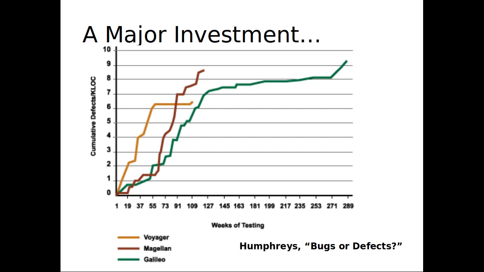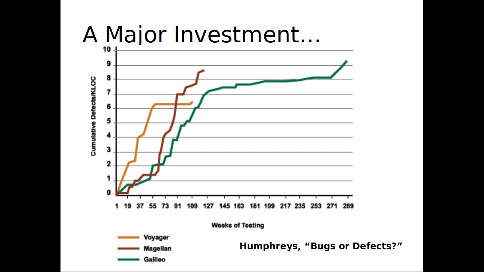And this is cumulative number of defects found per 1,000 lines of code. Okay? Not surprisingly, these lines either stay the same or go up because it's cumulative. It's the number of defects they found per 1,000 lines of code over time, for a code base that's more or less static after these points.